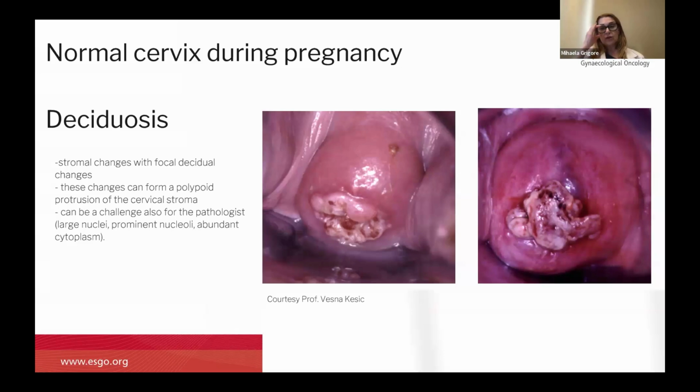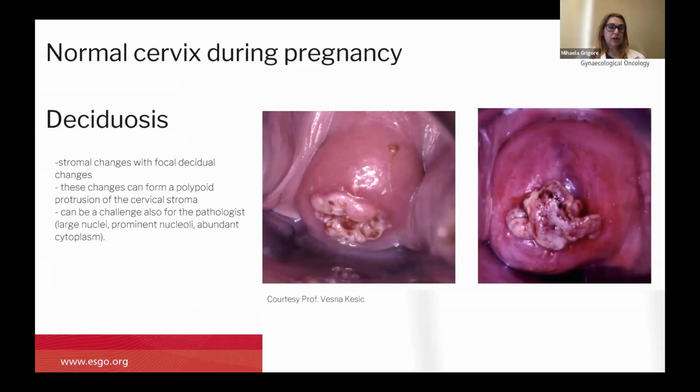I would like to say also that sometimes during pregnancy, we have the images of deciduosis, and we have here some pictures of Professor Vesna Kesic, and we thank her for these images. What is deciduosis? There are some stromal changes with focal decidual changes, and this can sometimes take the form of a polypoid protrusion of the cervical stroma.